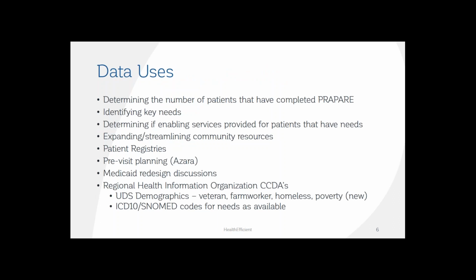So obviously, most people are trying to figure out how many patients have completed Prepare. It has been very helpful in identifying patients' key needs and determining what enabling services they're providing for the patients that actually have needs. Some groups have been able to expand or streamline their community resources. So Hudson River is a great example. They already had a transportation grant.